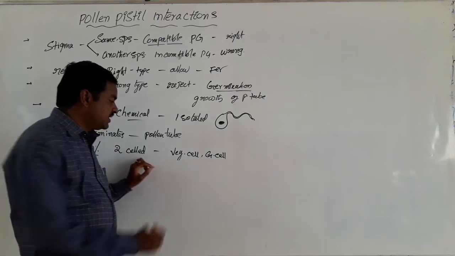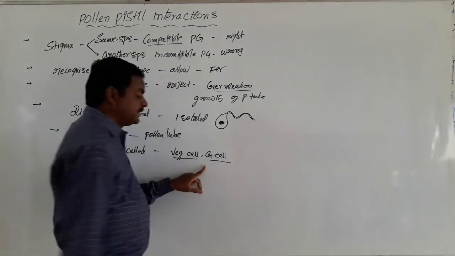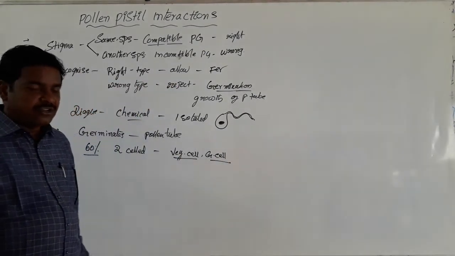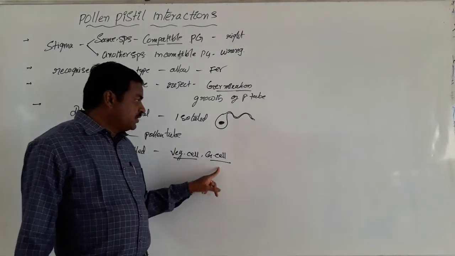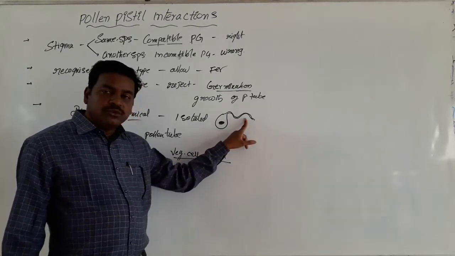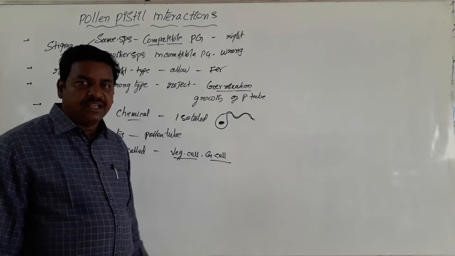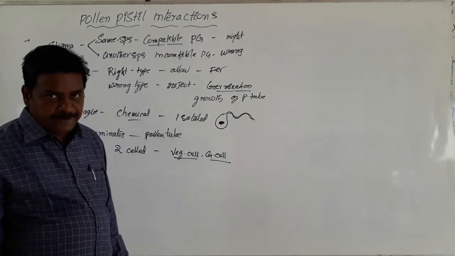One is the vegetative cell and the other is the generative cell. These vegetative and generative cells enter into the pollen tube after the germination of the pollen grain.